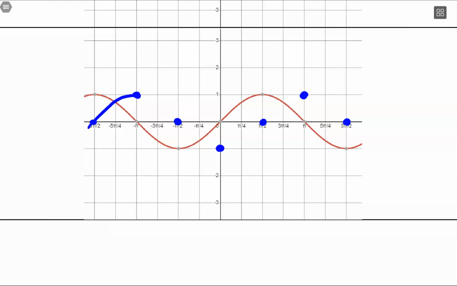So our graph should look like this. Midline stays the same. Amplitude stays the same. Period also stays the same.